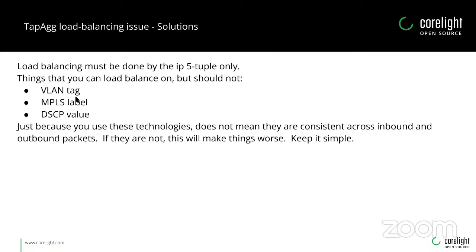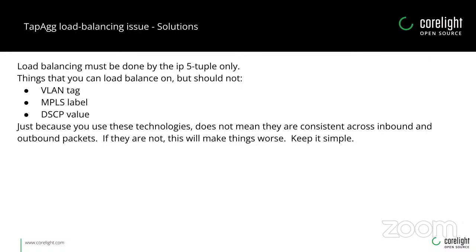So the nice thing in this case is the easy way to fix it is just keep it simple. Turn off every possible optional feature. It doesn't matter if you use them. All you need to turn on is just the basic IP 5 tuple fields, right? Especially you don't want MAC address, right? No VLAN, no nothing. Keep it as simple as possible and everything will work.